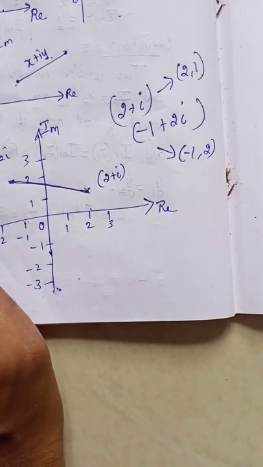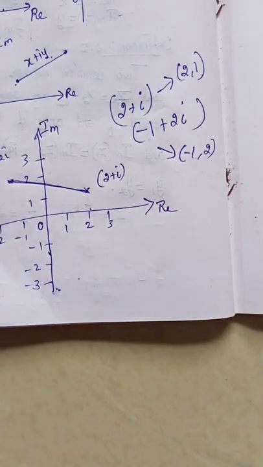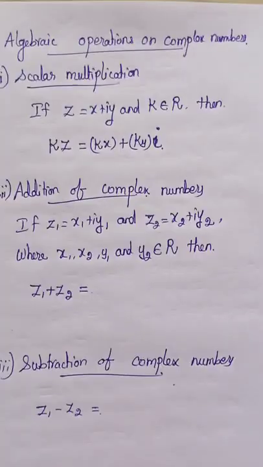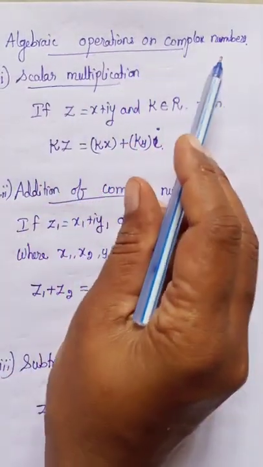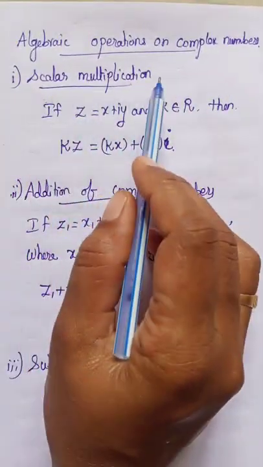So these are all little basic things, and now we should learn how to add, how to subtract, how to multiply. Shall we move to that? Algebraic operations on complex numbers. First one is scalar multiplication.